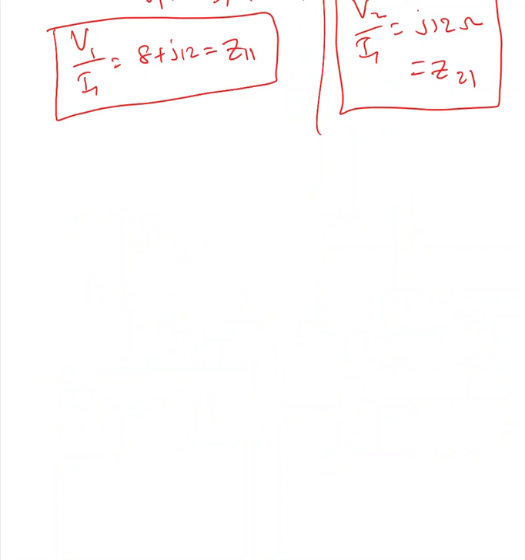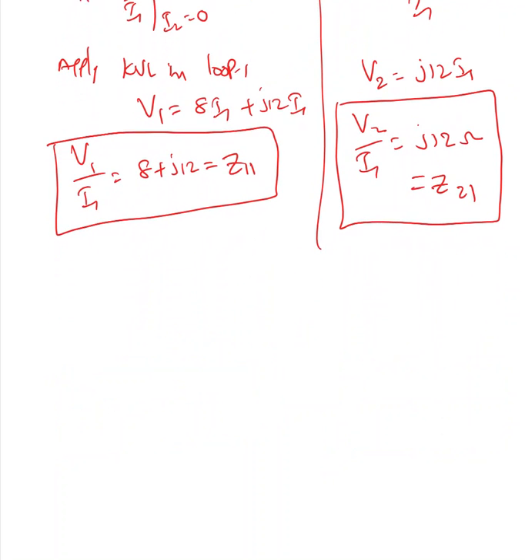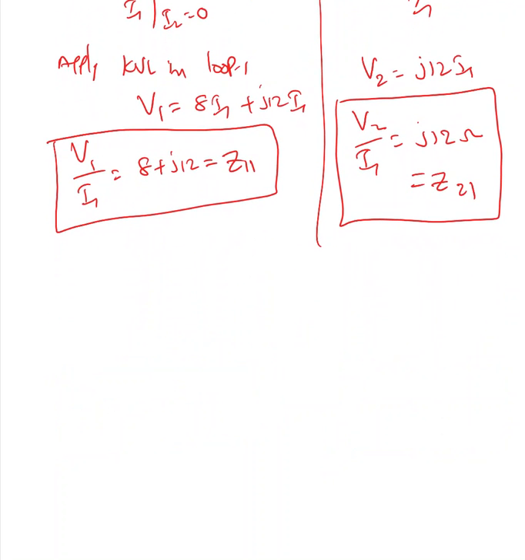Now we're going to find the last two parameters. As I mentioned, it's easy to find Z22 first, then Z12. We have 8 ohms, J12. Always remember inductor reactance is positive and capacitor reactance is negative.